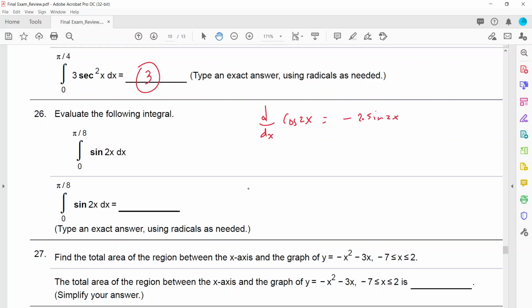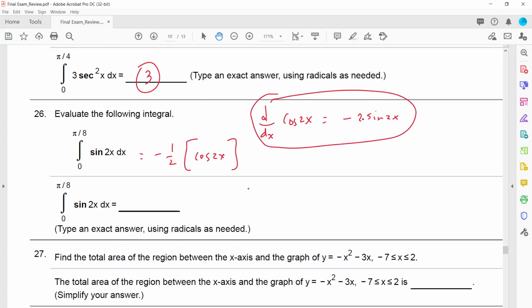So the integration of sine 2x is negative half cosine 2x. That's how I get this negative half cosine of 2x.